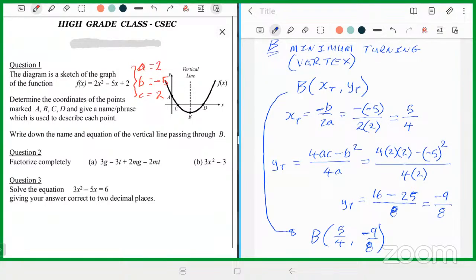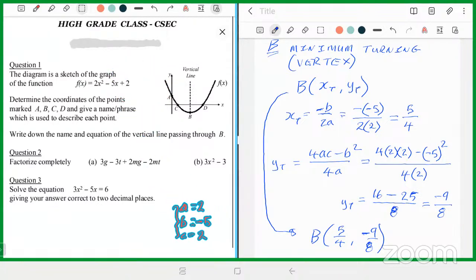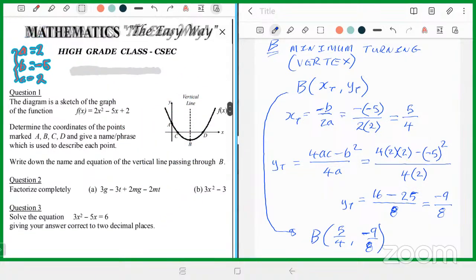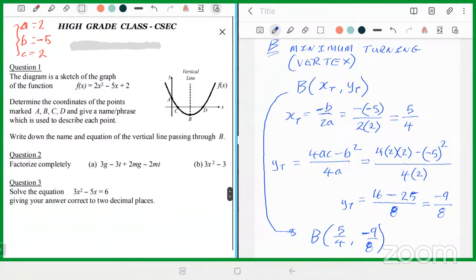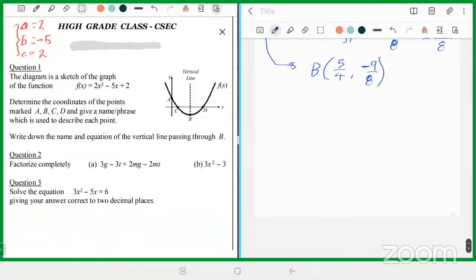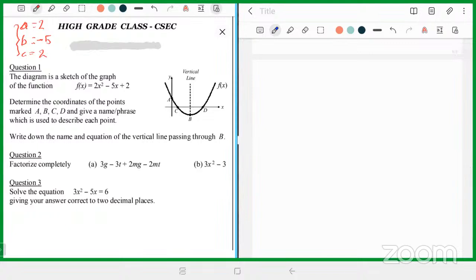All right. So that covers the point A and the point B. So let me move this out of the way a bit, so we can have a focus on the diagram. I'll put it up here. So the next points we need to find are the points C and D. I'm going to find both of them at the same time because they are the roots.